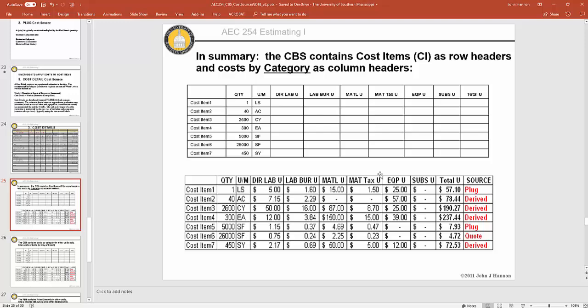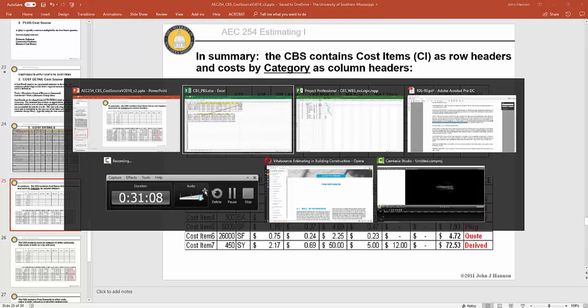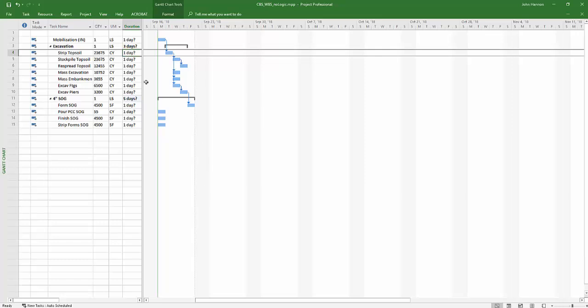And again, cost categories, cost items in the CBS. And finally, the way that you would cost detail an item, that's kind of the same skill as figuring out the durations of these schedule items.